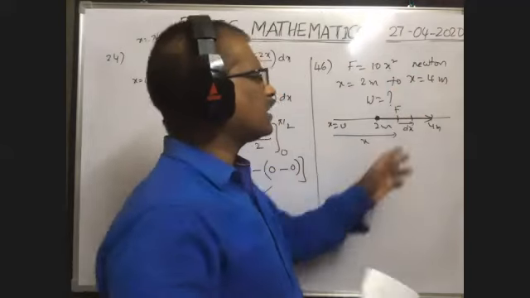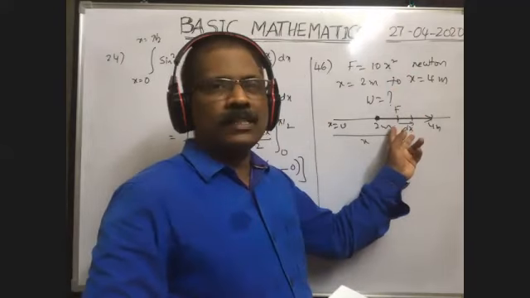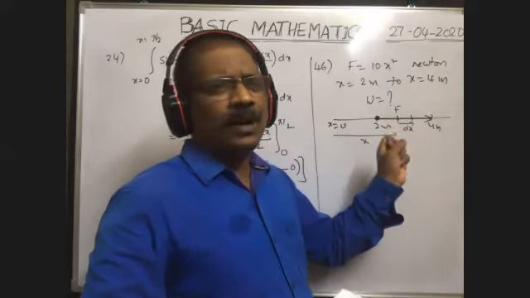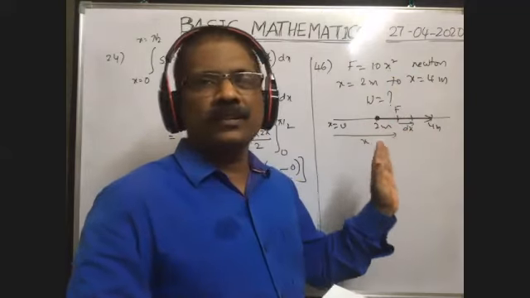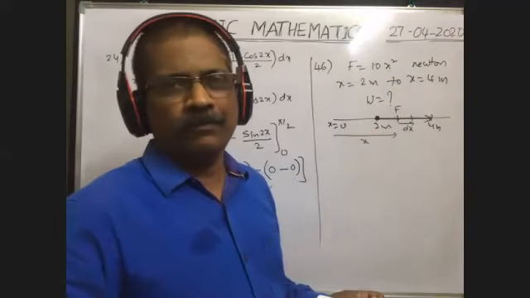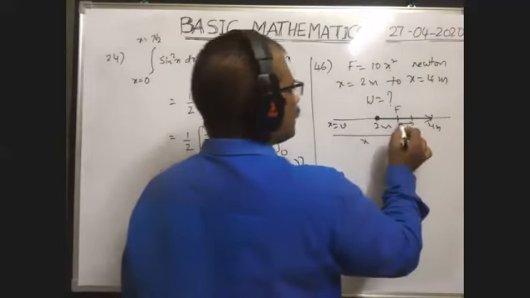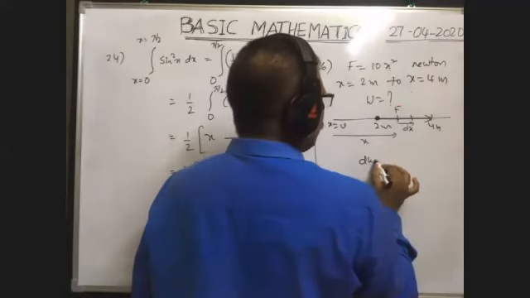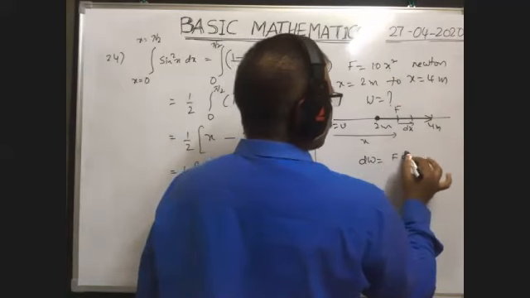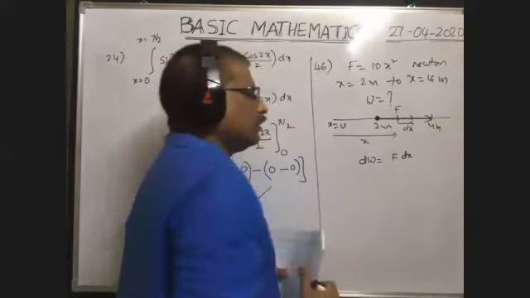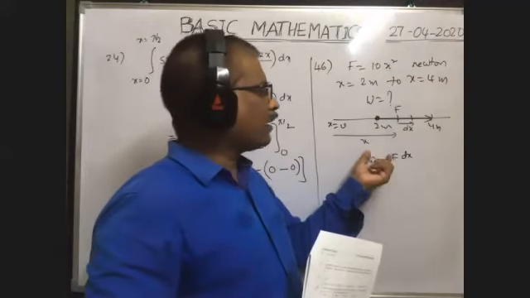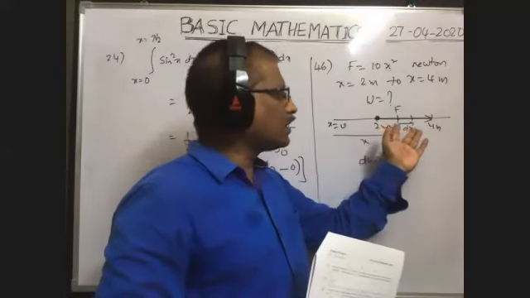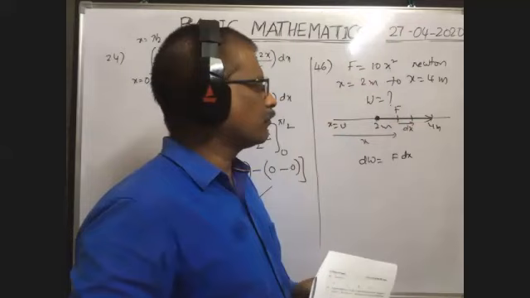For the small displacement, there is no considerable change in the force acting on the body. That's why for the small displacement, force can be treated as constant, then small work done dW is equal to F into dx. Here it is the work done to displace the body through a small distance dx by applying this force.